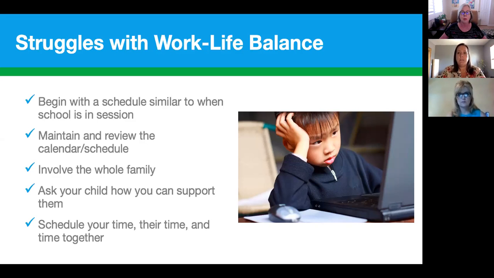So I'm encouraging parents to schedule time for your child and what their schedule is going to look like, and then what your schedule is going to look like compared to theirs, and then when you're going to be spending time together so that they know when they're going to be on their own and independent, when you're going to be there to support them, and then what you're going to do with your time during those times.